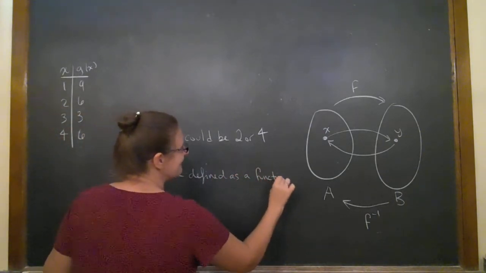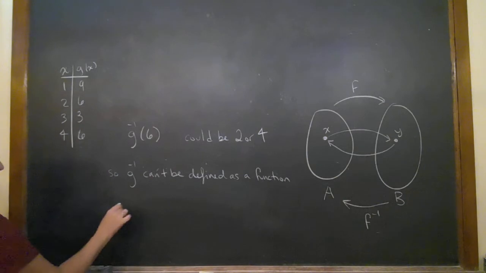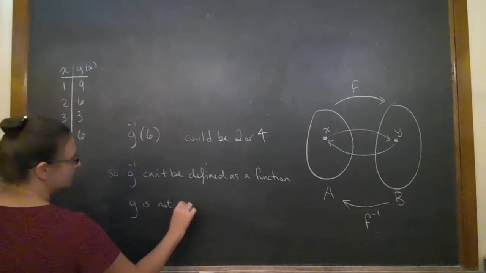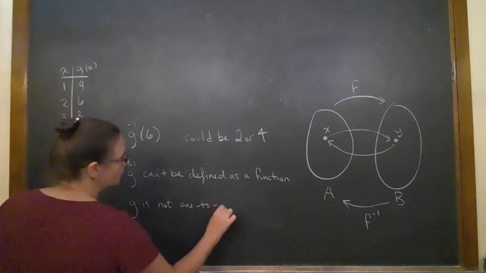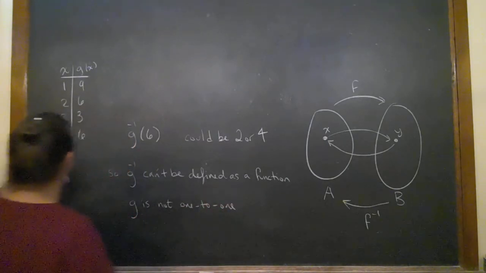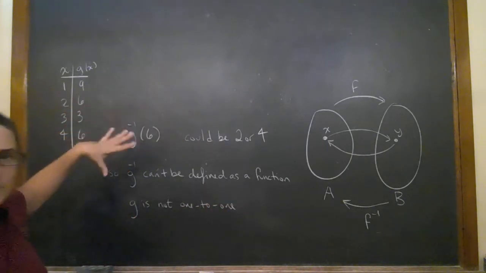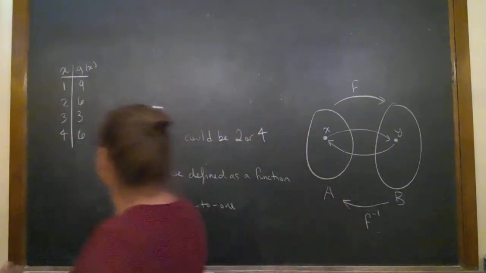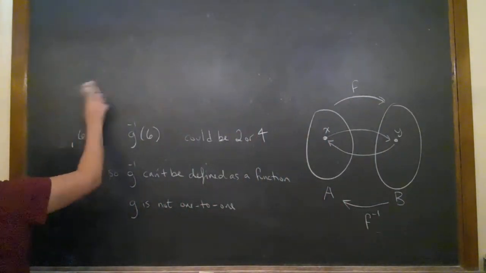And the reason that happens is because g is not one-to-one. So we won't be typically looking at functions like this, where it's just a couple of points. But we will be looking at some functions where this kind of thing happens.